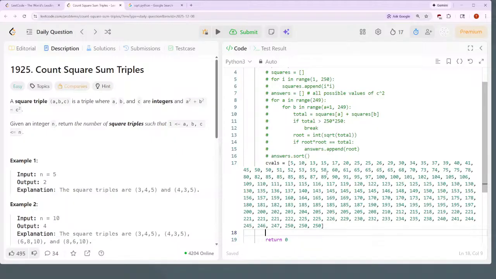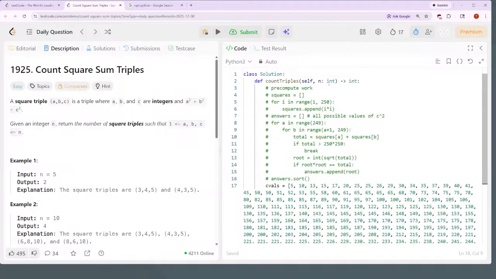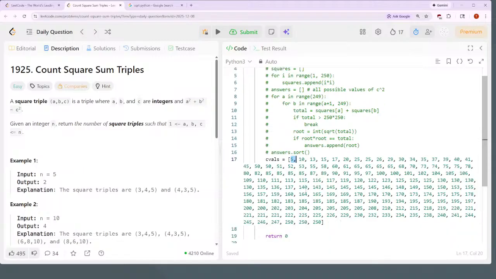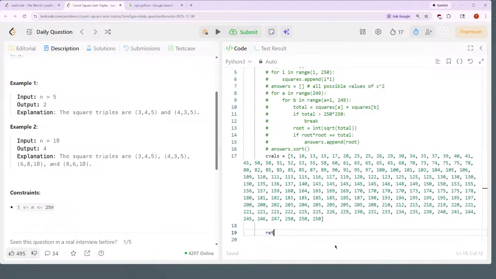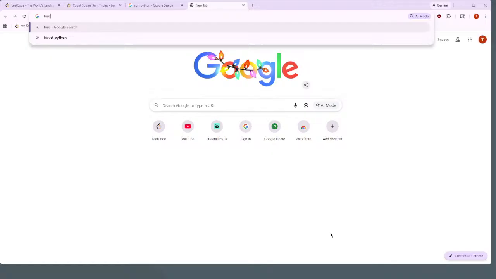And if I have a given n, where n is, let's say, 5, I'd search for that within this thing using a binary search. And the index of that corresponds to half the number of triplets, because there's going to be ABC and BAC as possible tuples. So I think I just return bisect left. Is it called bisect left, I think?